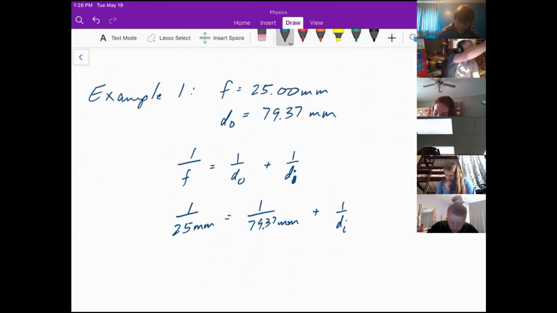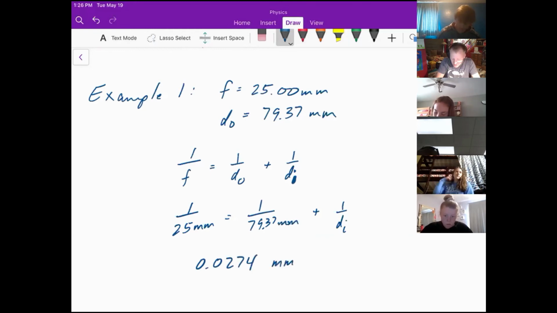I put it in my calculator: 1 divided by 25, subtract 1 divided by 79.37, and I get 0.027. The units would be millimeters to the -1 because it's 1 over millimeters. That's equal to 1 over di.